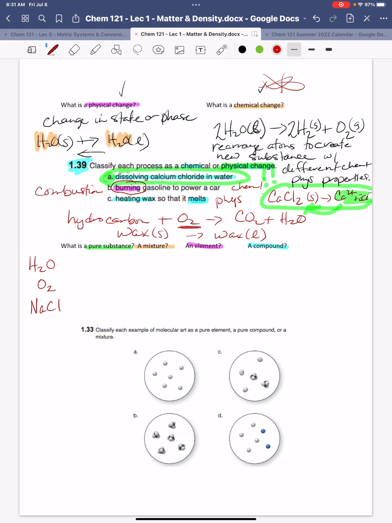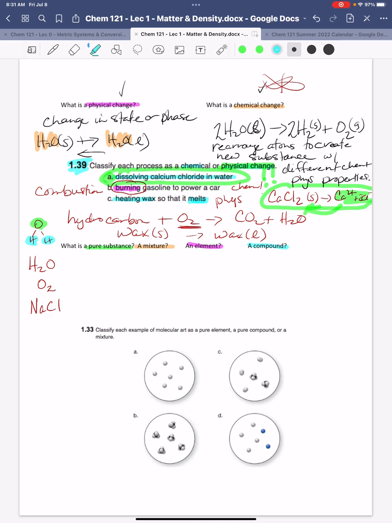Water, we just said, is a molecule that looks like this. And if I have only water molecules, I have a pure substance, even though there's hydrogen and oxygen involved, which is what confuses people. Because it's attached and there's only that type of molecule present, that would be a pure substance.